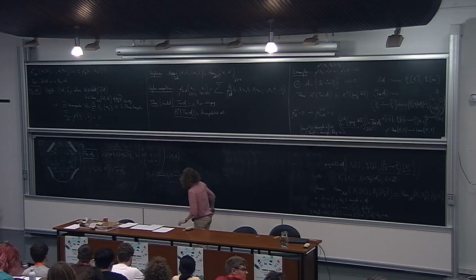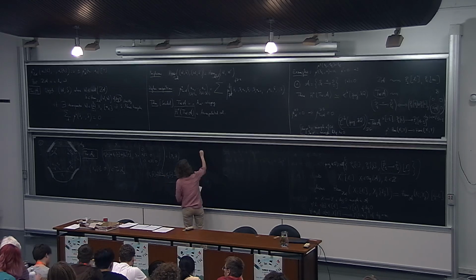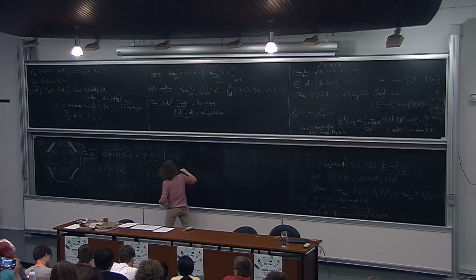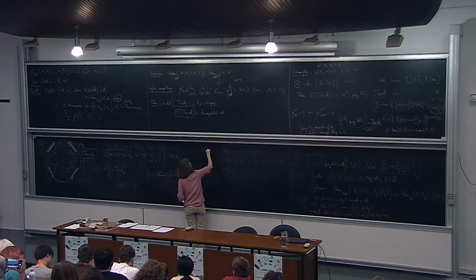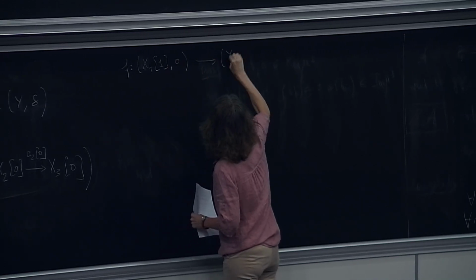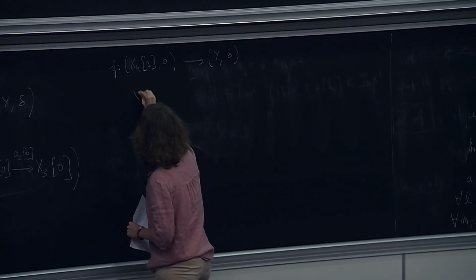And I have some morphism between these two objects. The first one, I call it F. So it goes from x4 shifted by 1, 0 into y delta, and it's given as follows.